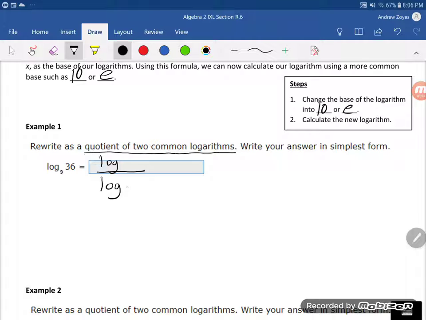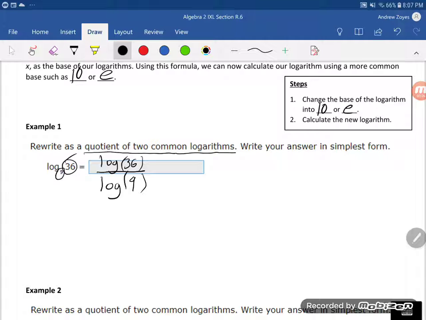We will now go ahead and put our number in parentheses. So on top, 36 will come up here, and then our base is going to go to the bottom, so we'll get 9 on bottom. So our final answer in common logarithms is log of 36 divided by log of 9.